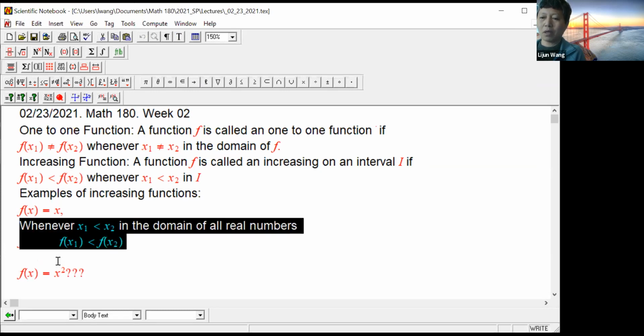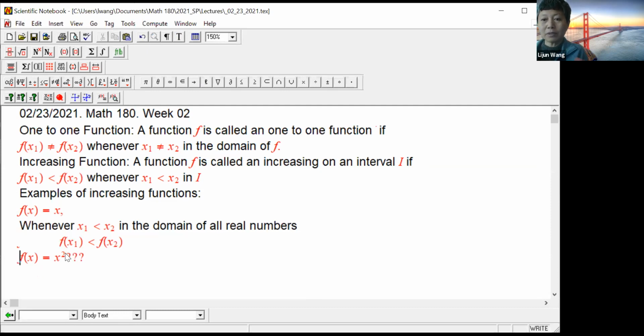Right, so that's a statement you can make because the output is the same as input.